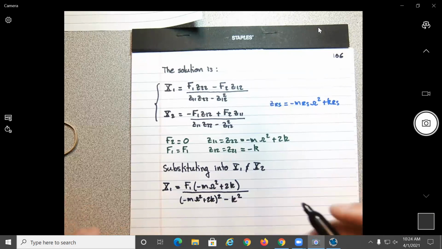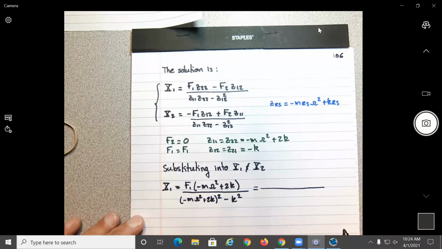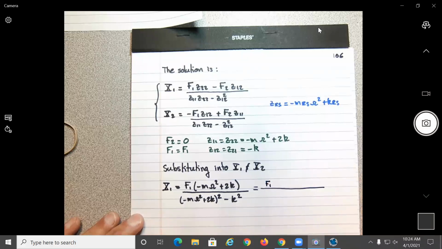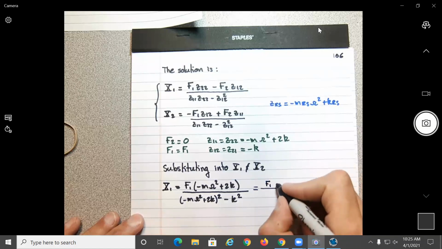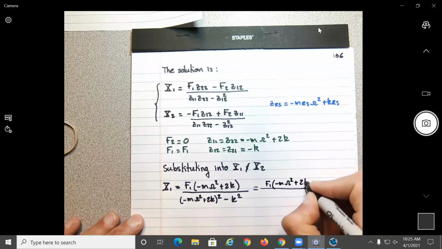Okay, so now you can trust me, or you can do the algebra if you want. You can rewrite here, so the top remains the same, but let's just write it, so it will be minus M lambda square plus 2K.